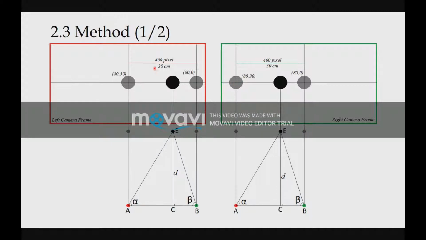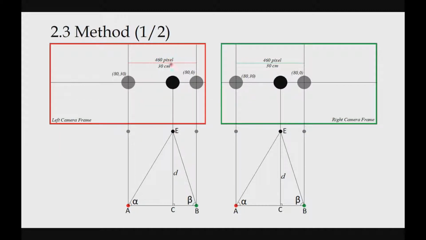We found that at 80 cm distance, the 2 reference positions are 460 pixels apart. Also on the table, the 2 reference positions are 30 cm apart. So length AB is already known, it is 30 cm.